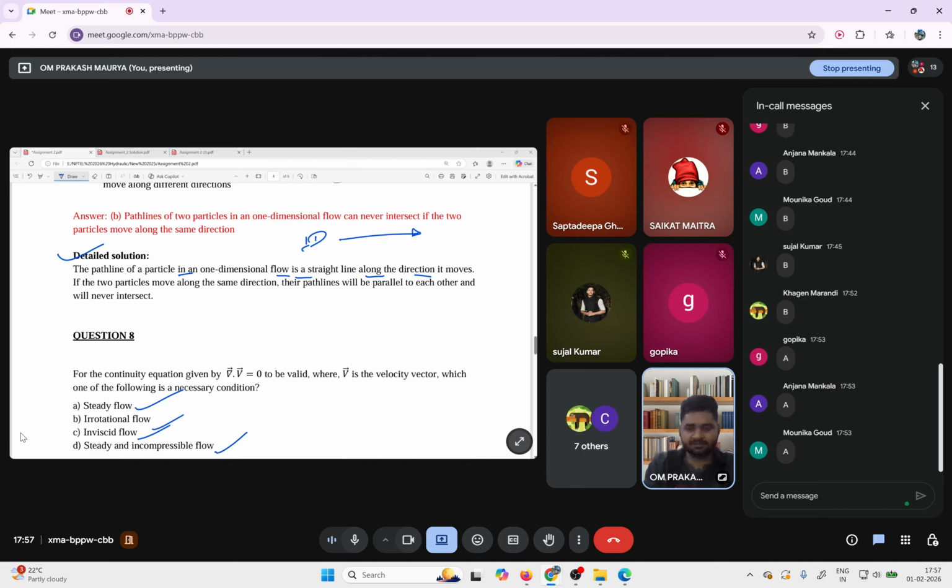You might be asked this in your viva in fluid mechanics, by the external examiner. So you have to know what del is. Option D, steady and incompressible, Khagen is telling.